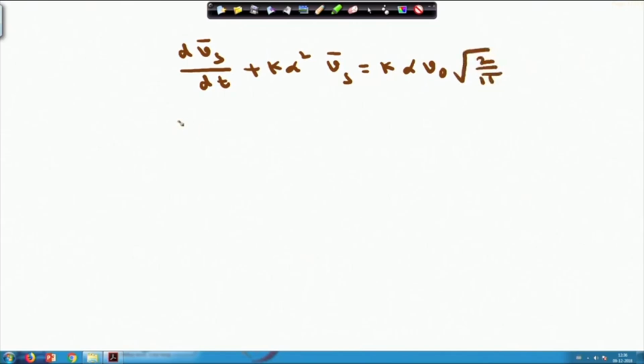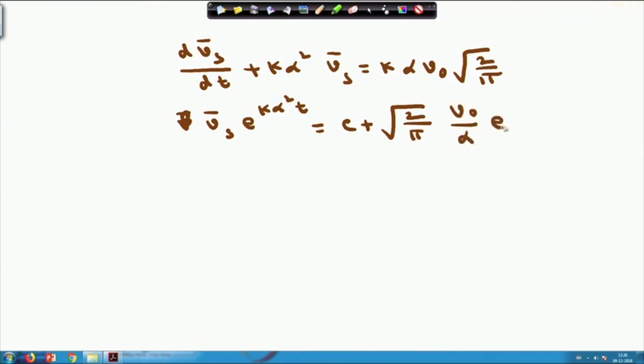Once I obtain this, I can write down v̄_s e^(kα²t), the solution of this, as c plus √(2/π) v₀/α e^(kα²t), and this is your equation 1.